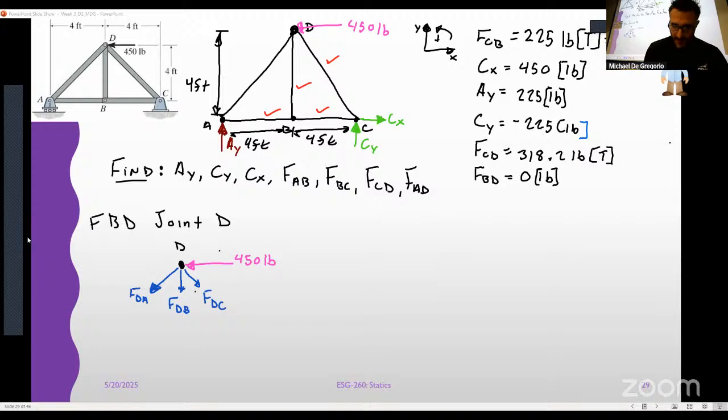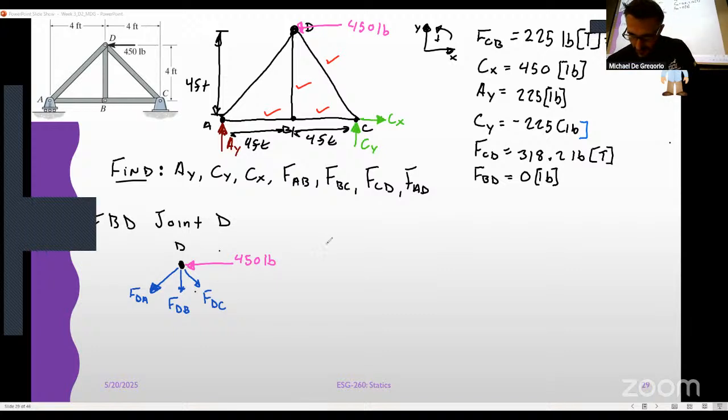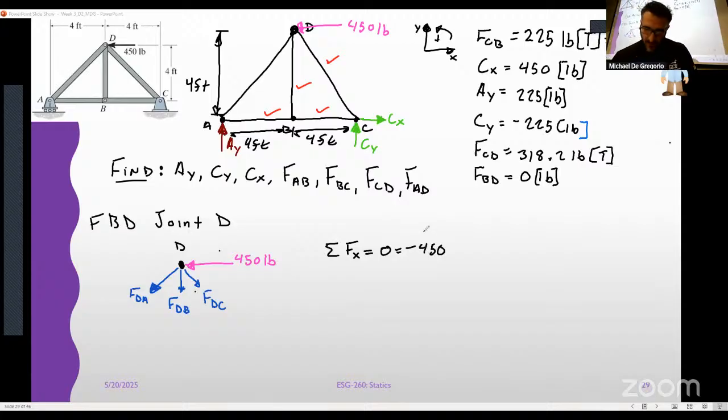So we're at joint D now. Same deal as usual. Sum of the forces in the x direction is equal to 0: negative 450, it's still going to the left, minus the x component of FDA. That's a cosine, no, that's sine in this case because of where the angle is.